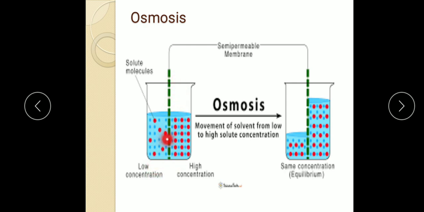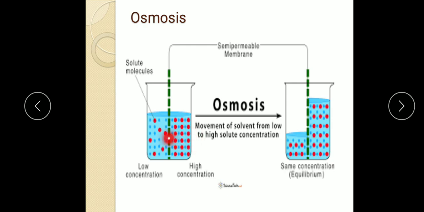You can see here water and water, and in the water of this solution some solute molecules. You can see this red one is the solute molecule. So these two solutions are separated by the semi-permeable membrane, and in osmosis there is movement of water through a semi-permeable membrane from an area of higher concentration. You just see the concentration of water is more in this area than this one.